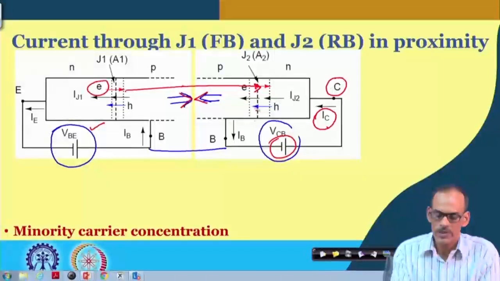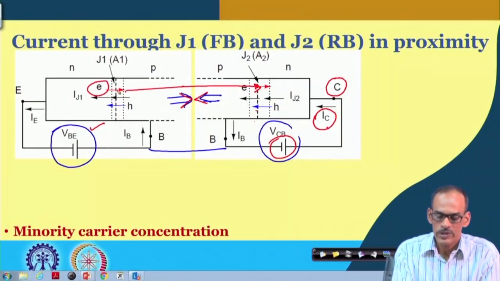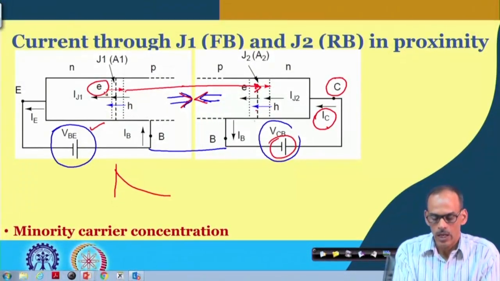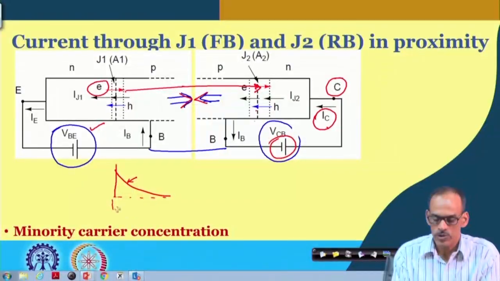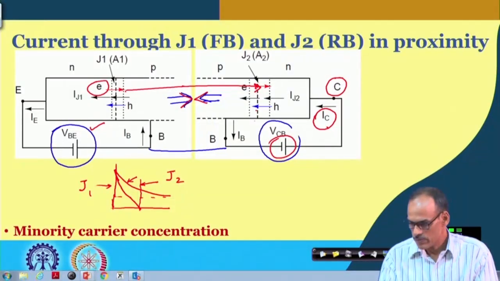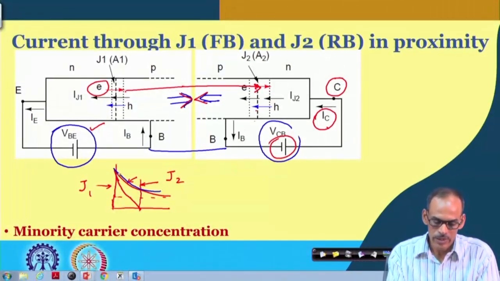If I make this reverse biased junction come in the near vicinity of the other junction, namely if the electrons have a profile like this, then instead of having an exponential fall of the minority carrier, it will drop to 0 because of the reverse bias. So, if I push the second junction close to this junction 1, that is what happens. From this profile, the minority carrier profile will go like this.